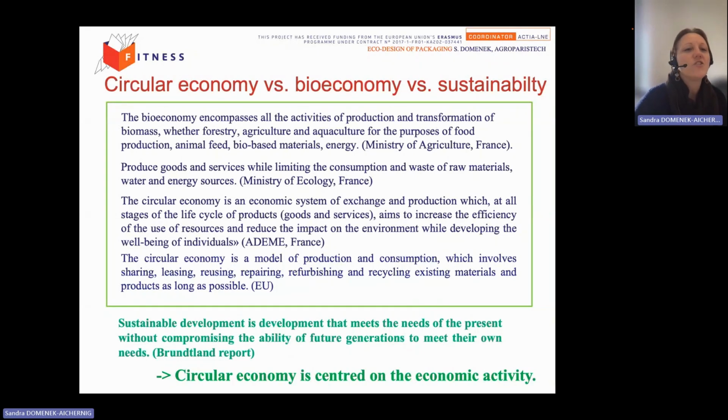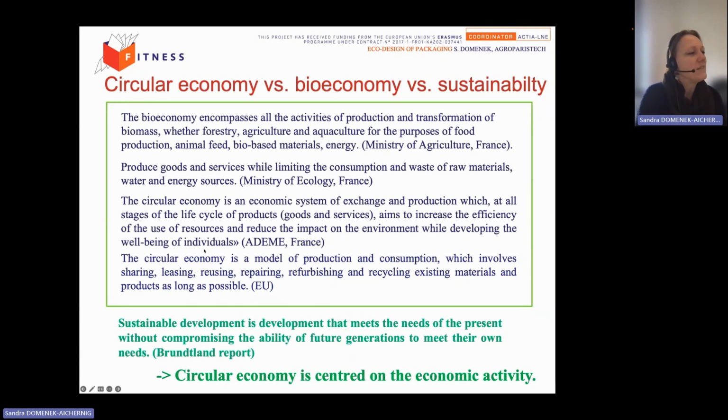The ADEME, which is the agency of waste treatment and environment in France, defines circular economy as an economic system of exchange and production which, at all stages of the life of the products, aims to increase the efficiency of the use of resources and reduce the impact on the environment while developing the well-being of individuals.